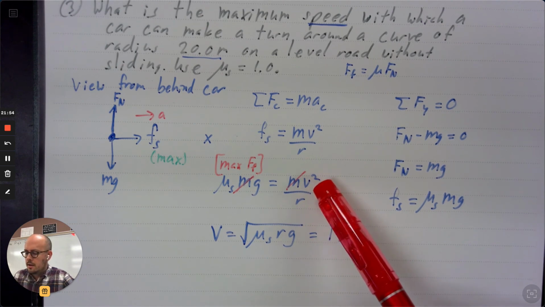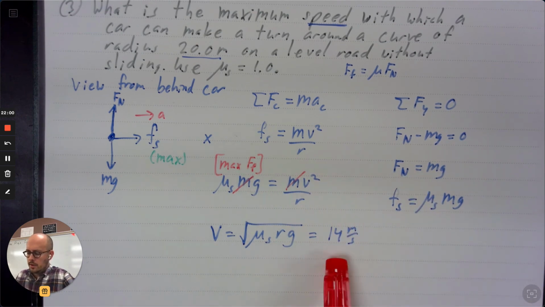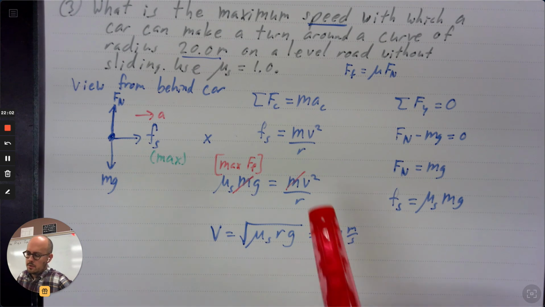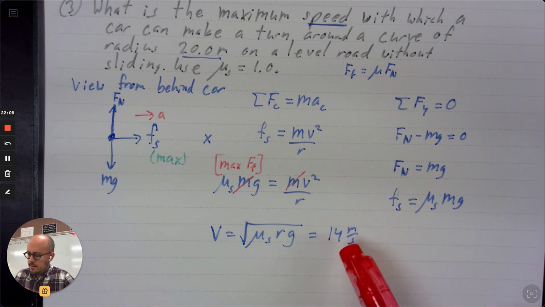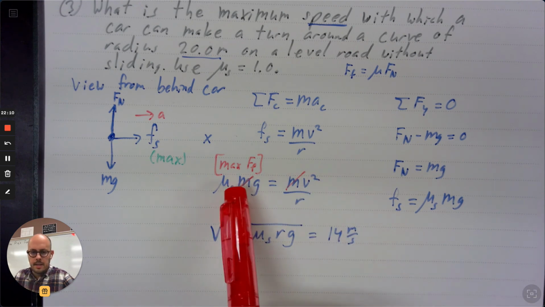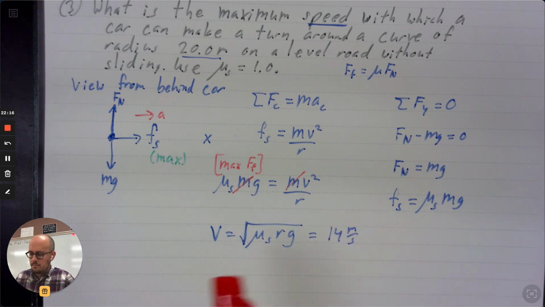Now, as the car speeds up, the net force on the car increases. So the car can be going like 10 meters per second, and because 10 is less than this number, static friction will be able to keep up with that. It will exert less than its maximum force to keep the car stuck.